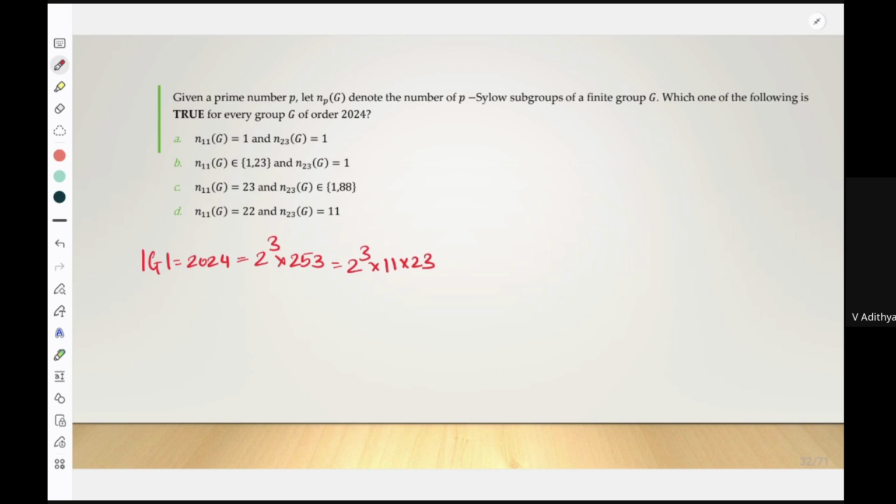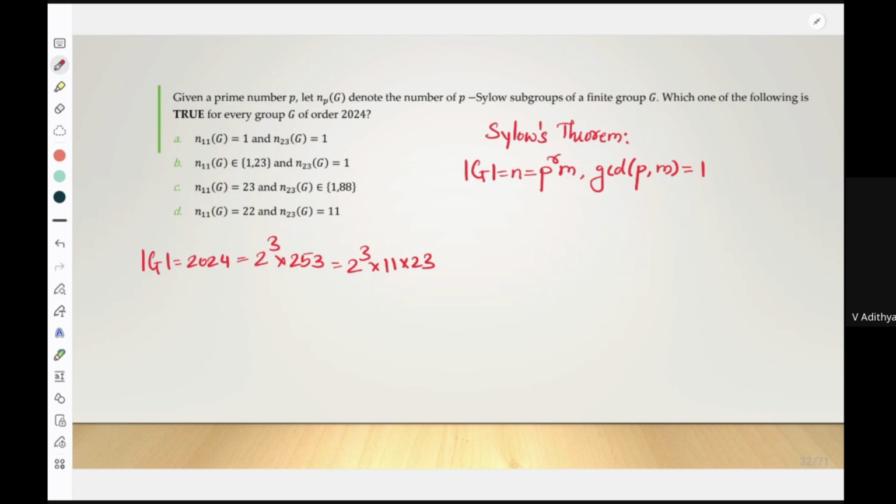Now, what are the Sylow theorems? Let the order of G be n, which is p to the power r times m, where GCD of p and m is 1, which means p and m are coprime.